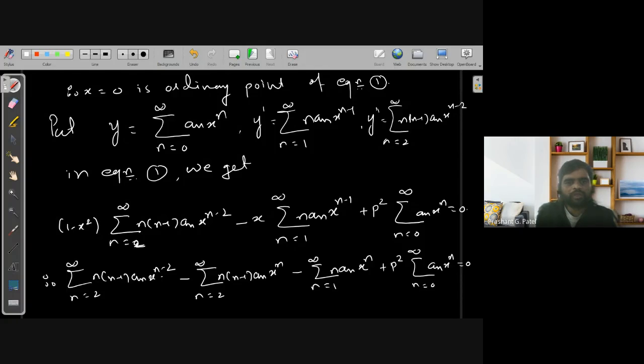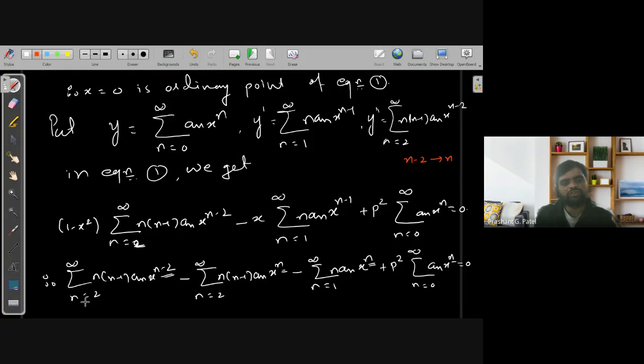Now first we need to make the power the same. That is the first task we are doing. Here the power is n minus 2, while in the other summations all of them have x power n. So I need to change this to x power n. For that I replace n minus 2 by n in the first summation.